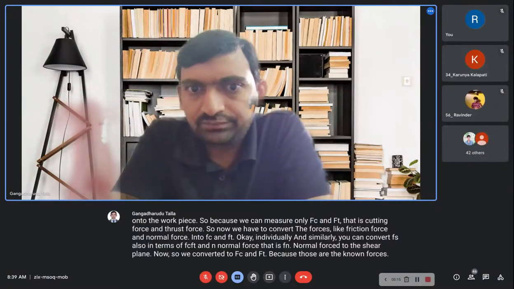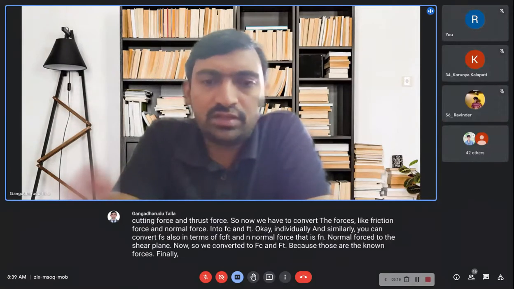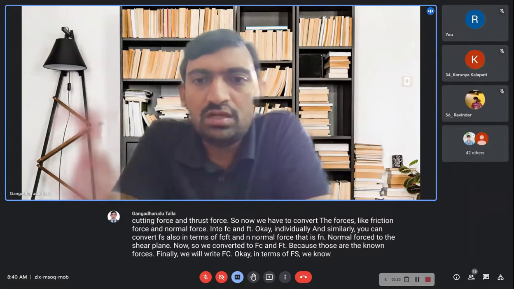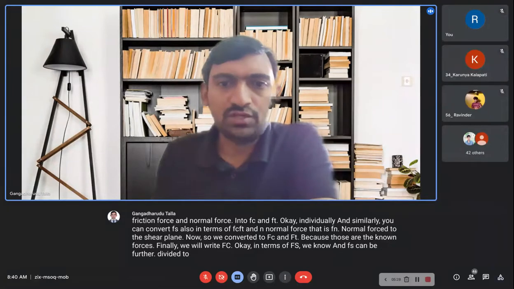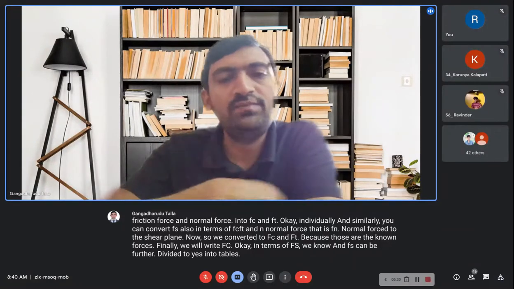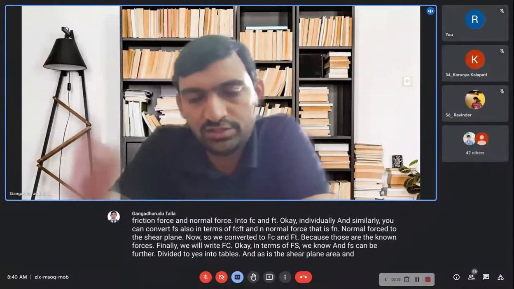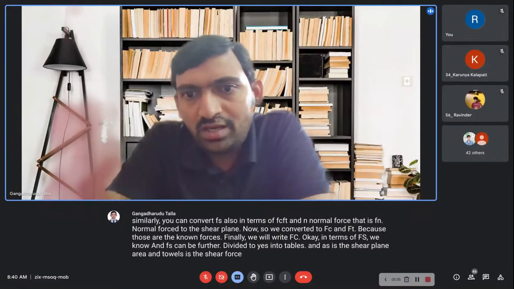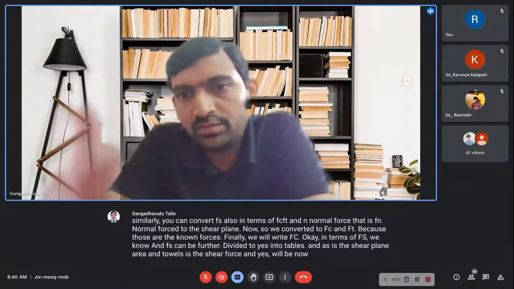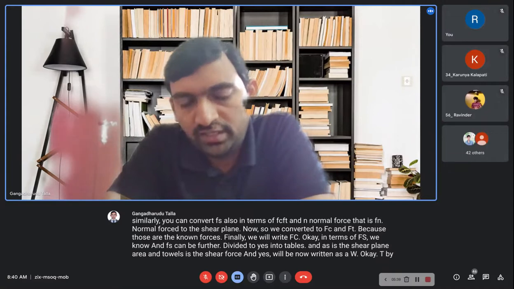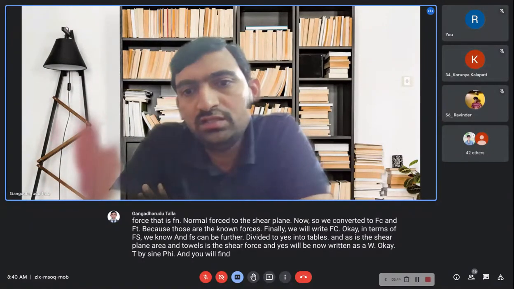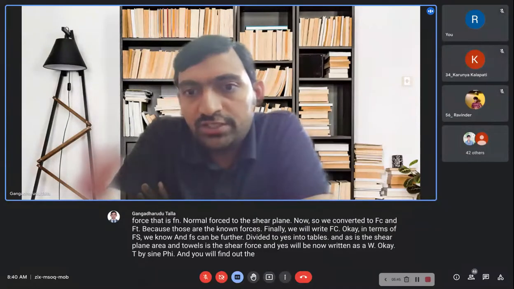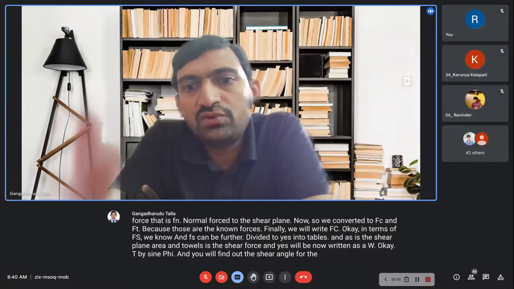And finally we will write Fc in terms of Fs. We know Fs can be further divided into As times tau s, and As is the shear plane area and tau s is the shear strength, and As will be now written as w t by sine phi, and you will find out the shear angle for the minimum force requirement.